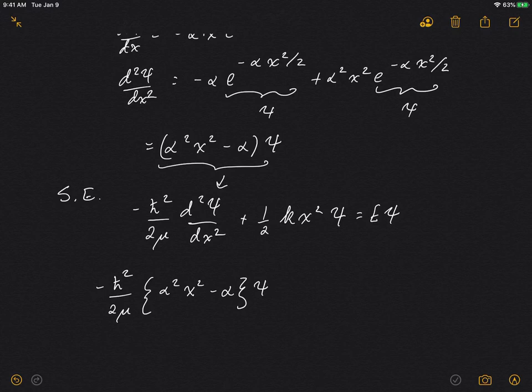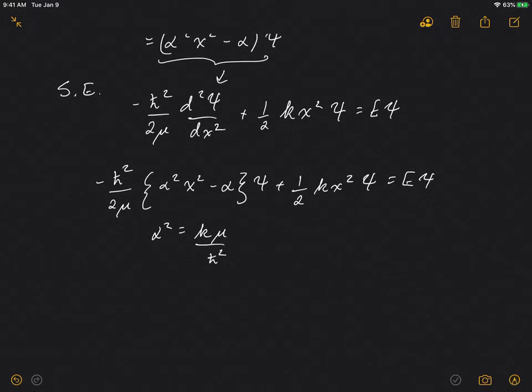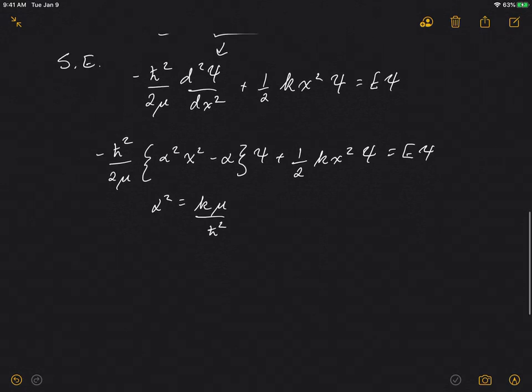So we plug that in, and then we have our plus 1/2 k x squared psi equals E psi. And we know from our definition of our constant that alpha squared is k mu over h bar squared. So we can combine these two results.